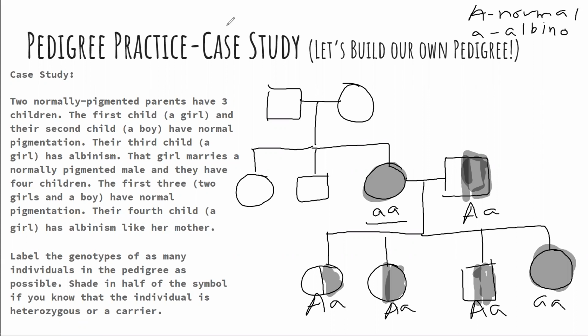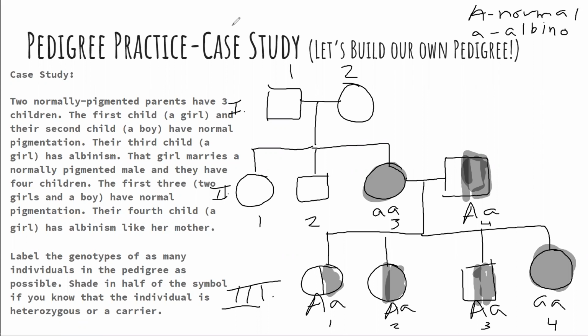So this is generation 1, this is generation 2, and this is generation 3. Okay, and then we can write our numbers. 1, 2, 1, 2, 3, 4, 1, 2, 3, 4.